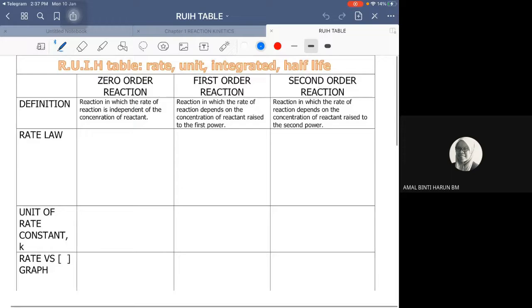Okay. So bagi ni untuk conclusion, apa yang akan you belajar dalam rate law ni. For the zero order, first order and second order. Okay. The definition, saya dah bagi tahu dah. Apa hubungan antara concentration reactant dengan dia punya rate. Okay. Ini first power, ini second power. So, we can write down the rate law.